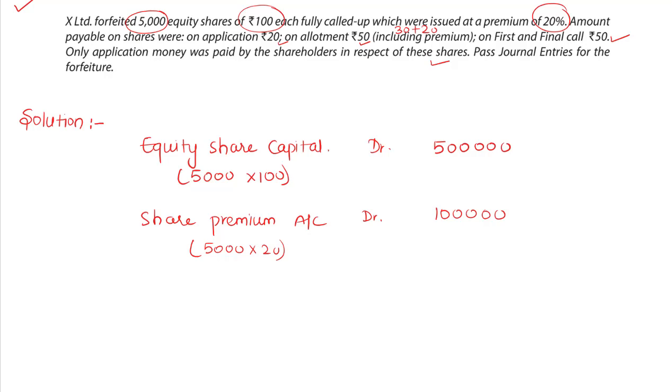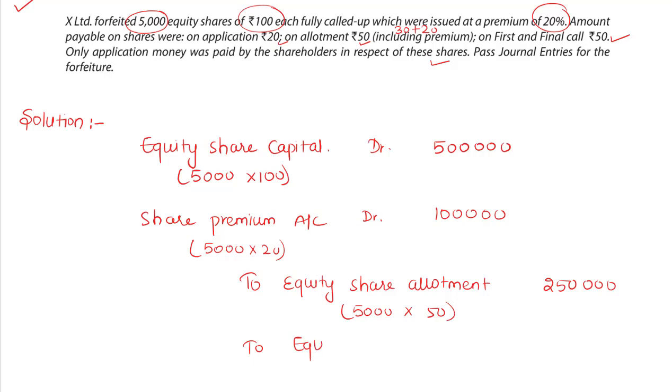To equity share allotment, 5,000 multiplied by 50, that is 2,50,000.